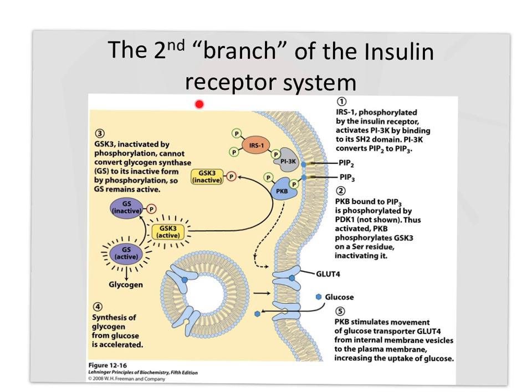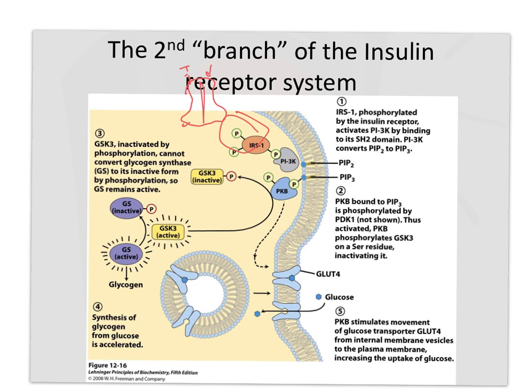If you remember, insulin binds here and here, and it phosphorylates IRS. That IRS is the checkpoint, the point that does that bifurcation.